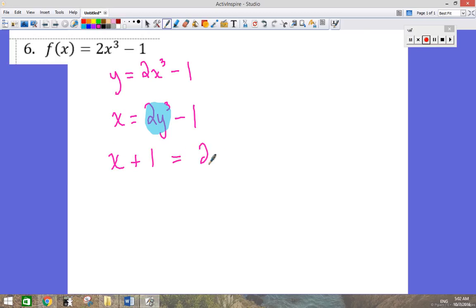Now on the right hand side I have a single term that has 2 factors. I want to get that y cubed by itself. So I'm going to divide both sides by 2. 2 divided by 2 is 1. So I have y cubed is equal to x plus 1 over 2.